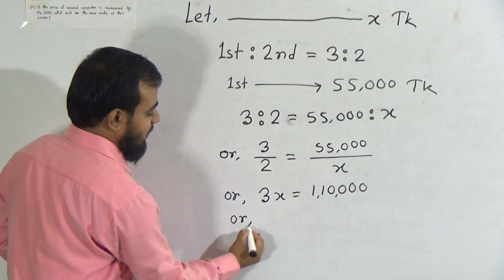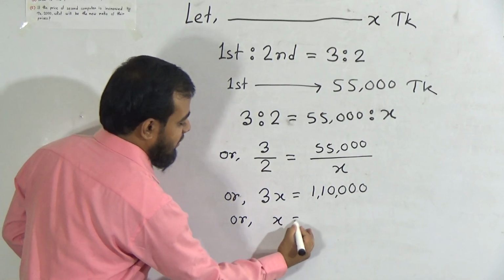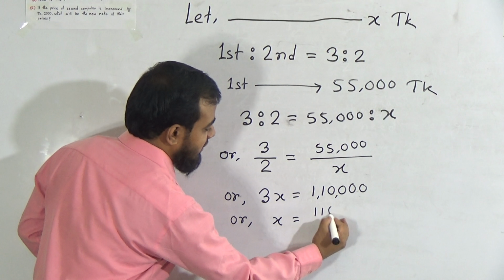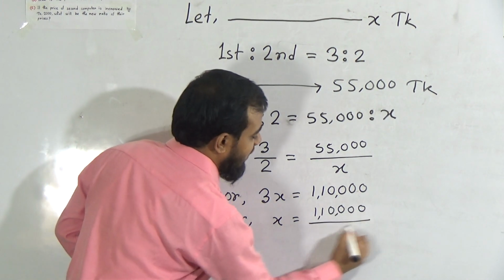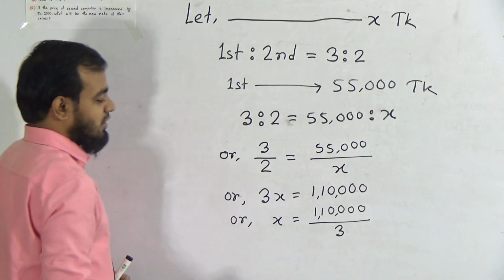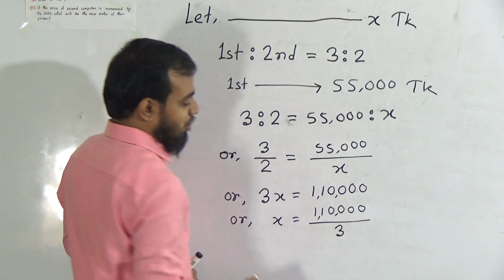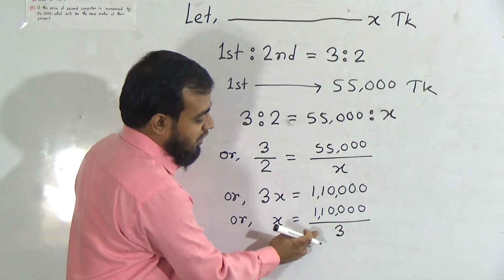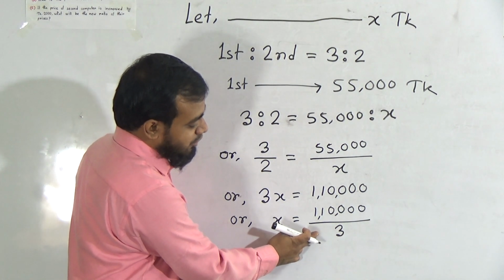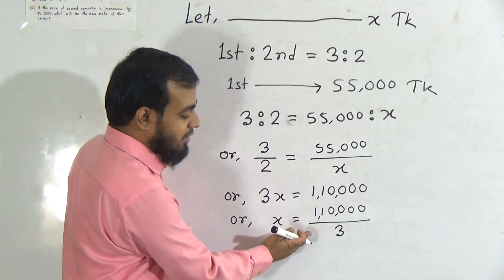Now we have to find out the value of X only. That means X is equal to 1,10,000 divided by 3. This is the price of the second computer, but this is an improper fraction. You have to convert it into a mixed fraction, or you can convert it into a decimal number.